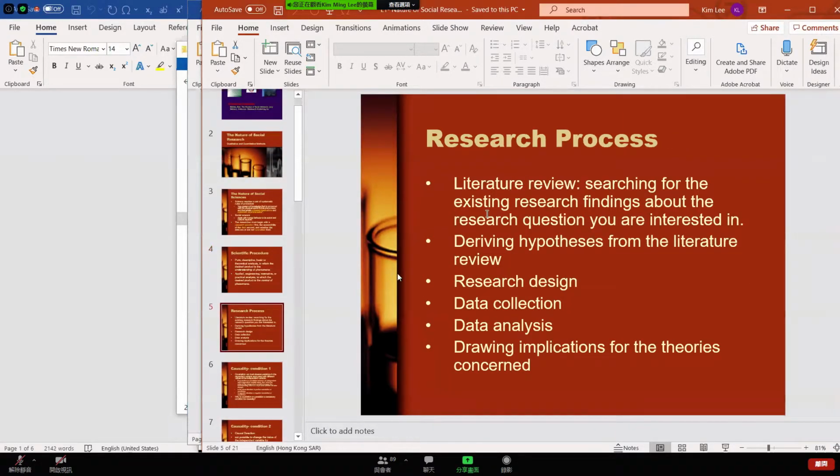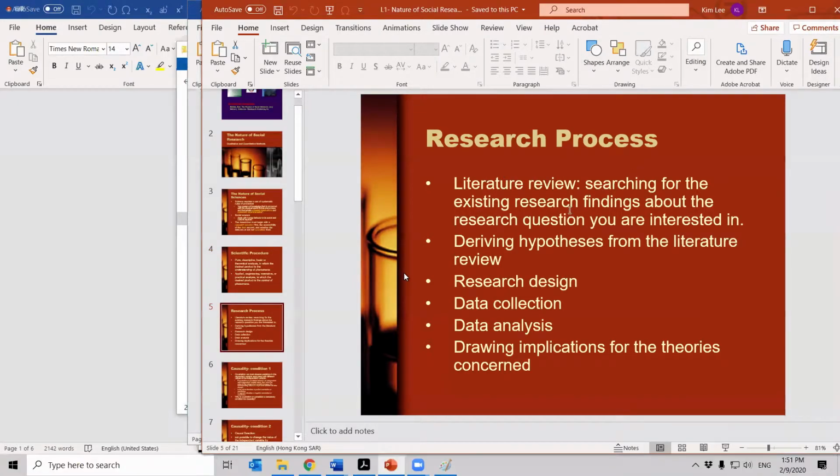Now we talk about different steps. These are the different steps, especially for quantitative research. For qualitative research, this is less systematic. This is why a lot of so-called scientific-minded people like quantitative research rather than qualitative research. This is why our government wants quantitative research more than qualitative research, because there is a systematic way to do it.